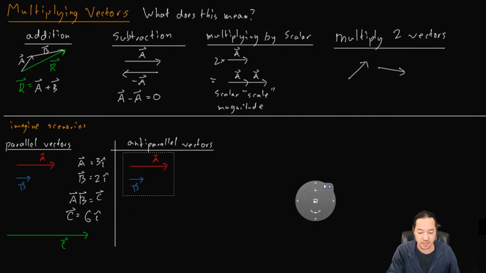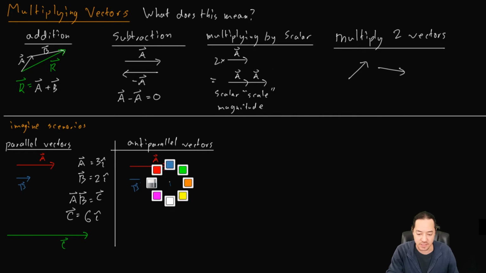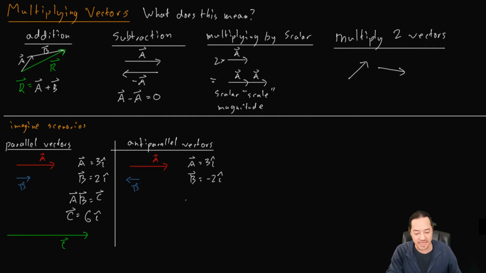That's what antiparallel means. So let's imagine that vector B is now facing in this direction. So we've got vector A, which is equal to 3i hat, and vector B, which is equal to negative 2i hat. Now A times B, what is it?